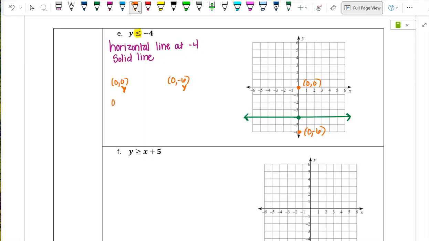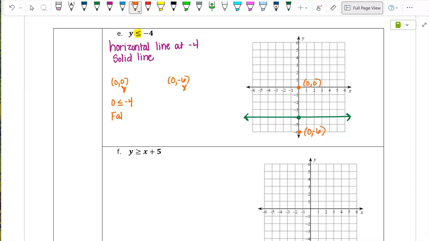So the first one, 0 is less than or equal to -4. Is 0 less than or equal to -4? No, -4 would be to the left of 0, so -4 would be less than 0. This is saying 0 is less than -4.